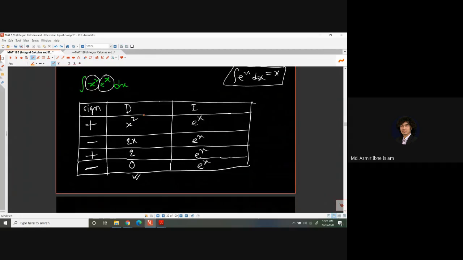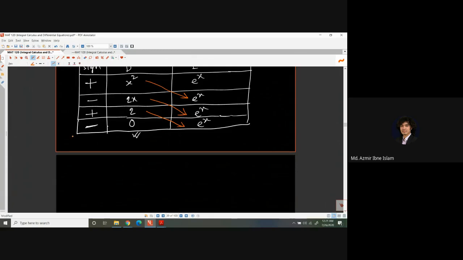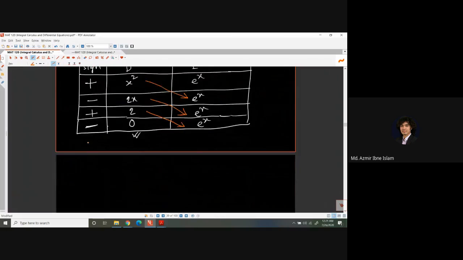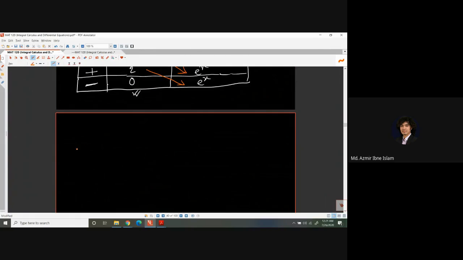So let's do the same thing here. This part will correspond with this one, this one will correspond to this one, and 2 will correspond with the last one. So that means integration of x squared e to the power x, the result can be written this way.